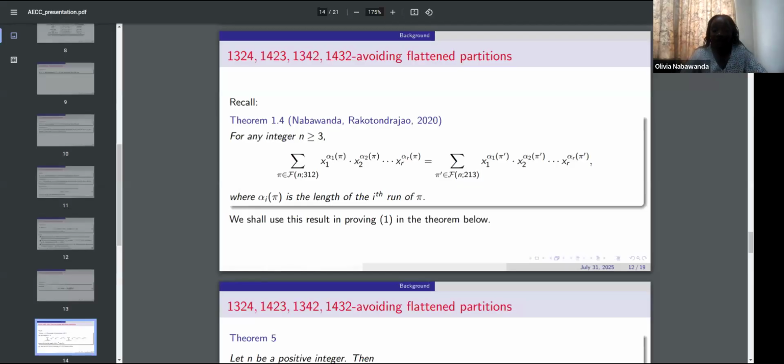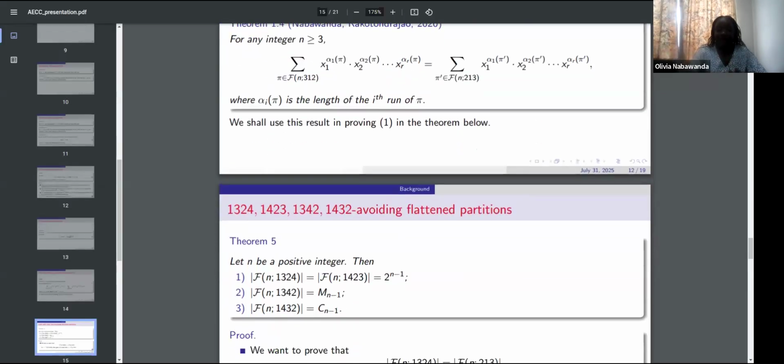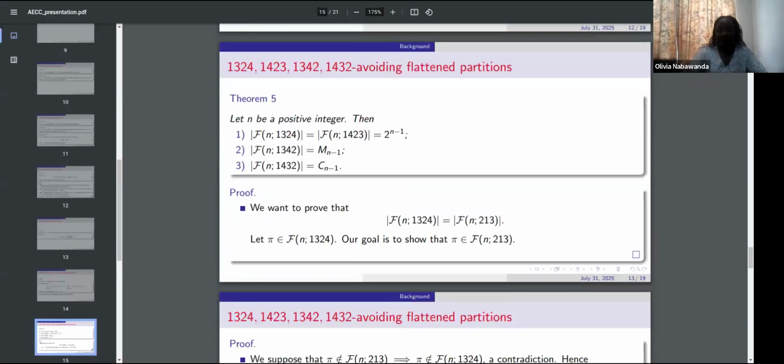One was the number of runs and the length of each of the runs. So it was run preserving and also preserving the length of each of the runs. And we are going to use this result to prove some bits in the next theorem.